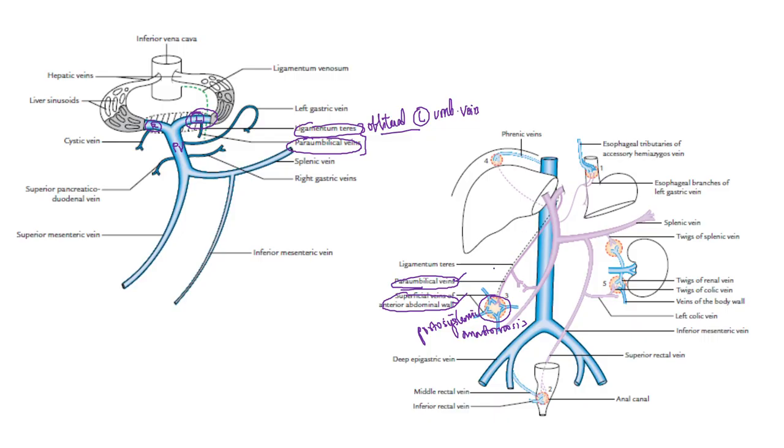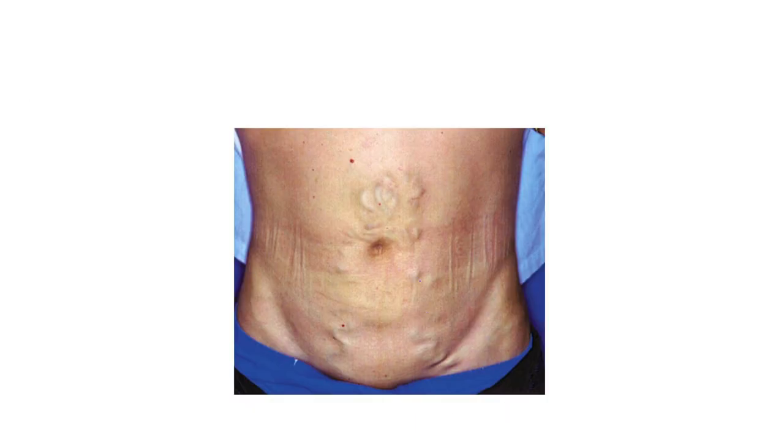The para-umbilical veins cannot drain into the portal vein because it is blocked, so they depend on the superficial veins of the anterior abdominal wall for drainage. There is dilation of the superficial veins of the anterior abdominal wall in conditions of portal hypertension, and we call that caput medusae.